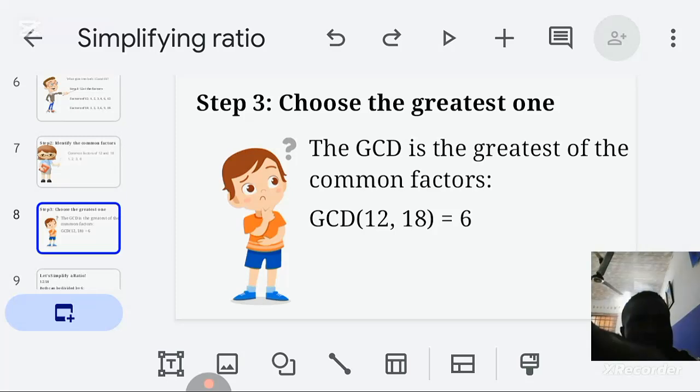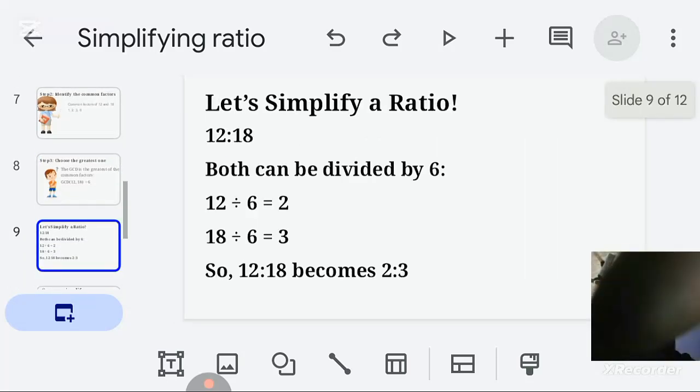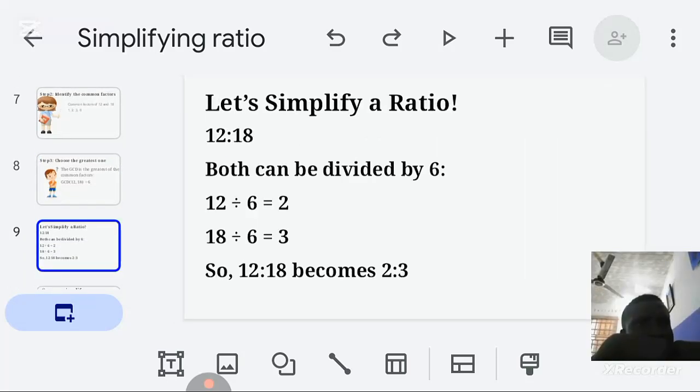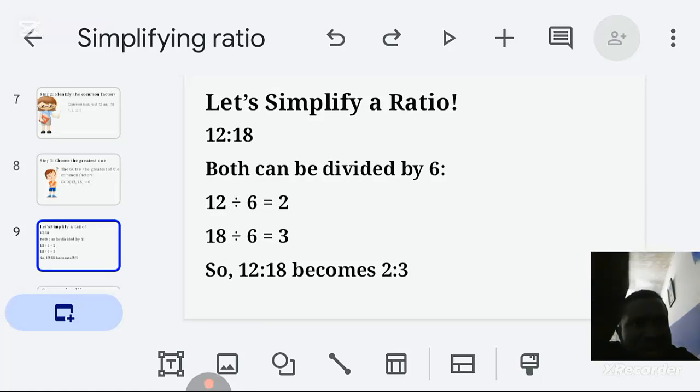So let's solve an example. Let's learn how to simplify. Okay, let's simplify the ratio 12 to 18. Both can be divided by 6, like what we did for the GCD. The greatest common divisor was 6, so we can use 6 to divide both sides. 12 divided by 6 is 2.